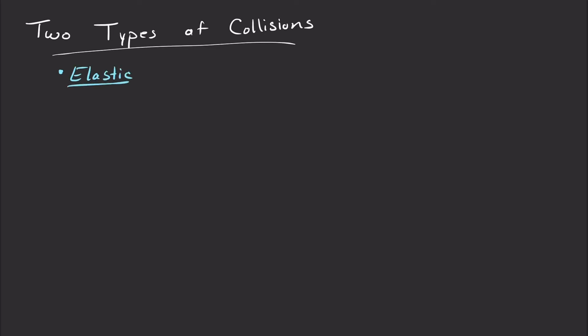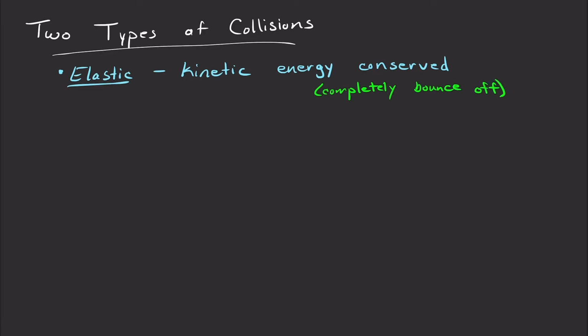And elastic collisions occur when kinetic energy is conserved. Okay, so this is when objects completely bounce off each other and they don't lose kinetic energy to heat or sound or anything like that, which really isn't practical. It's kind of an ideal case.